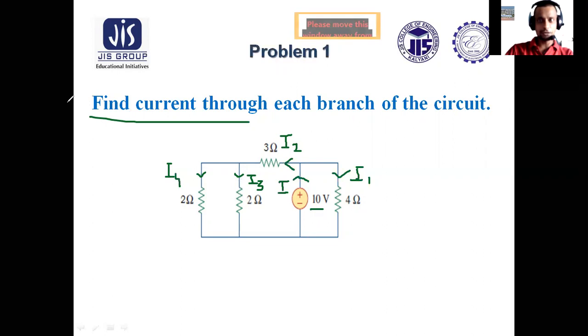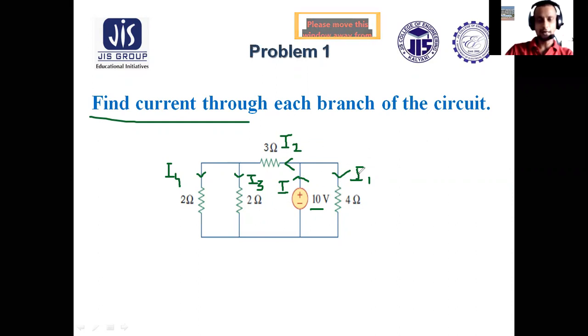As per the question, we need to find all the currents, I1 to I4.